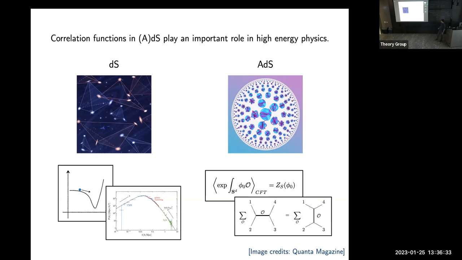On the other hand, ADS, anti-de Sitter space, is a very interesting theoretical playground in high energy physics, which allows us to understand gravity in a rigorous way through ADS-CFT holography.